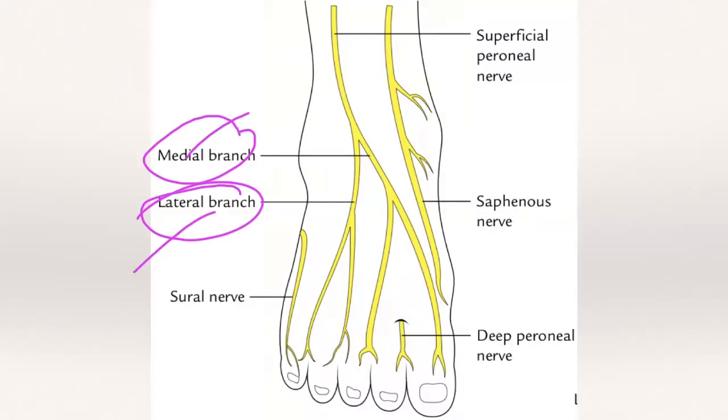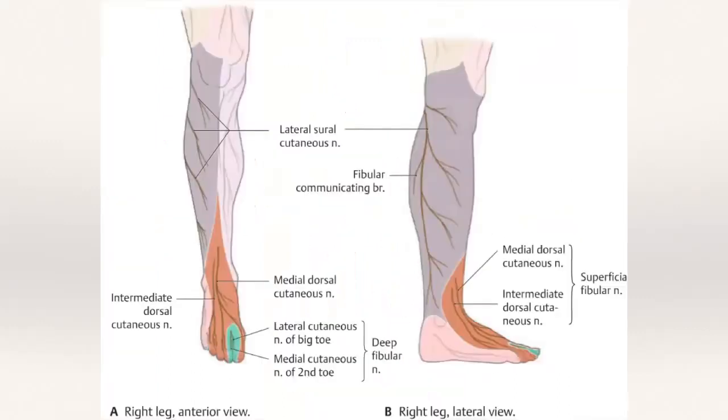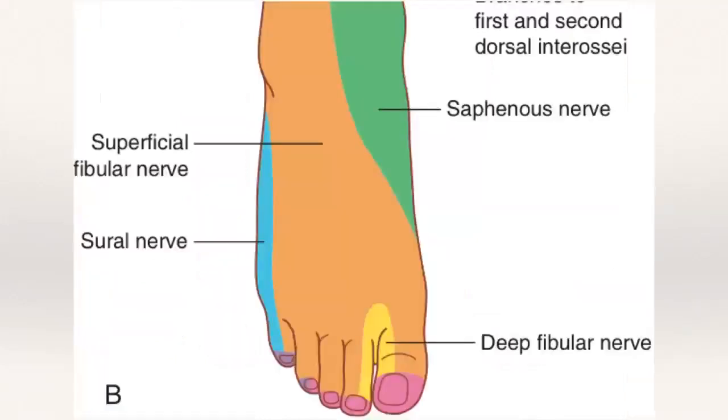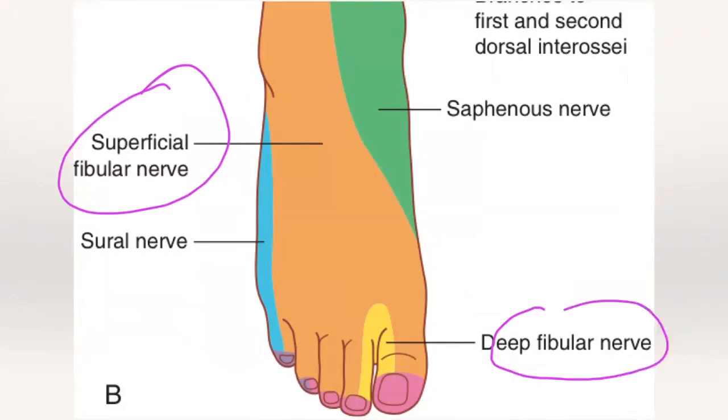This space is supplied by the deep peroneal nerve, that is the first web space. The first web space is innervated by the deep fibular nerve, whereas the remaining area is supplied by the intermediate dorsal cutaneous and medial cutaneous nerves. So the whole of this is superficial fibular nerve, and this yellowish part is deep fibular nerve.